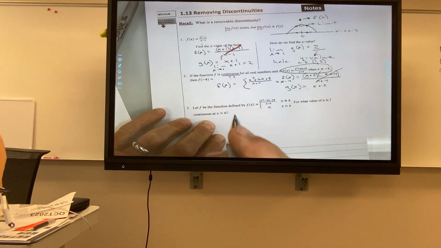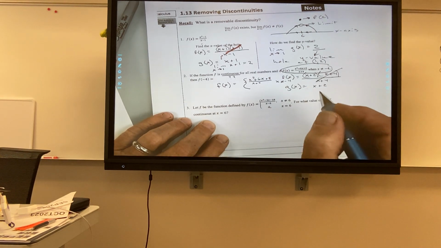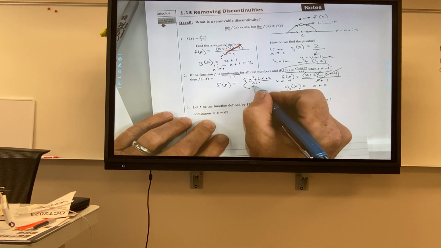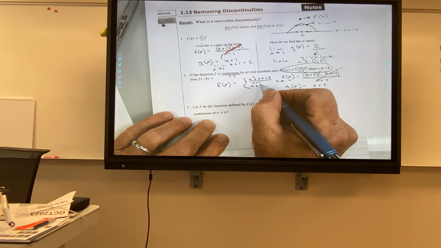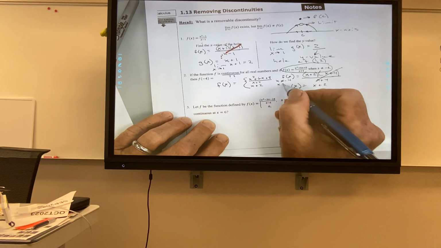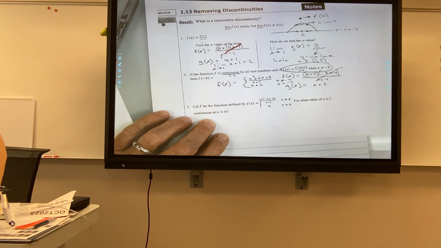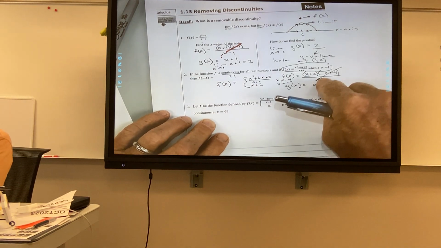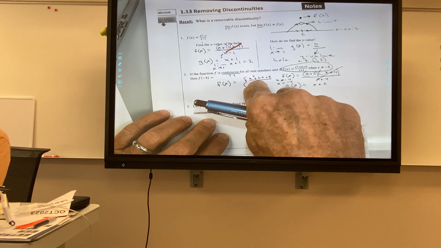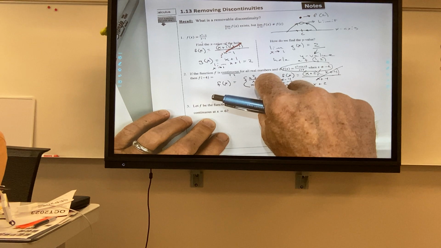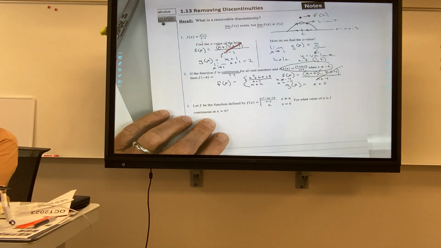And then I'm going to have a new function. I'm going to put this x plus 2 here when x equals negative 4, thereby removing that hole that's created here, correct? So now it's continuous. Is that kind of making sense?